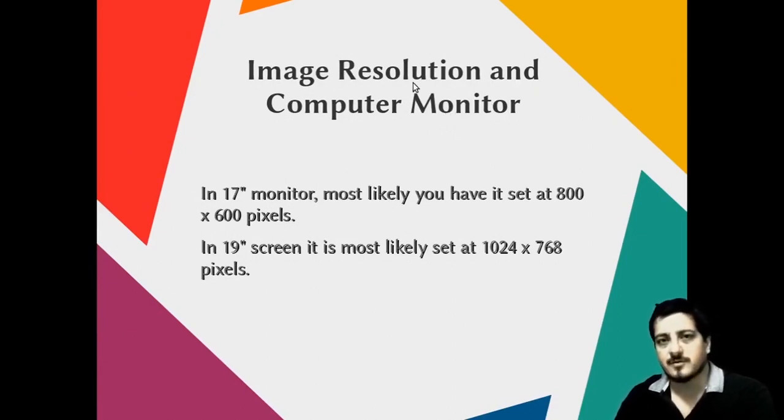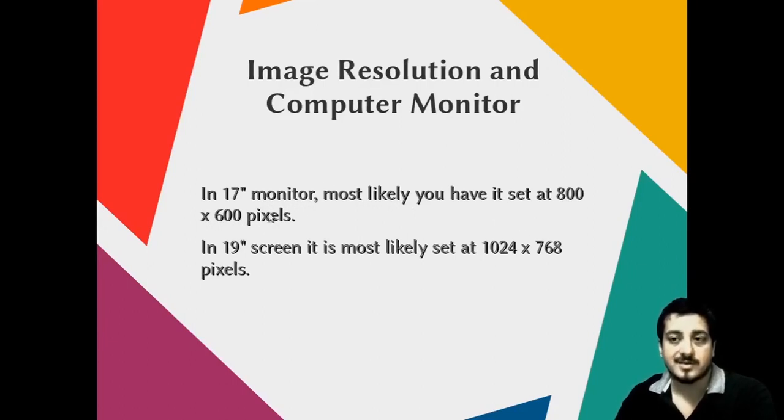Image resolution, as I told you, refers to the clarity of the digital image. In any 17-inch monitor or screen, the screen resolution is most likely set at 800 by 600 pixels, and in a 19-inch screen it is most likely set at 1024 by 768 pixels. So these are optimum values.